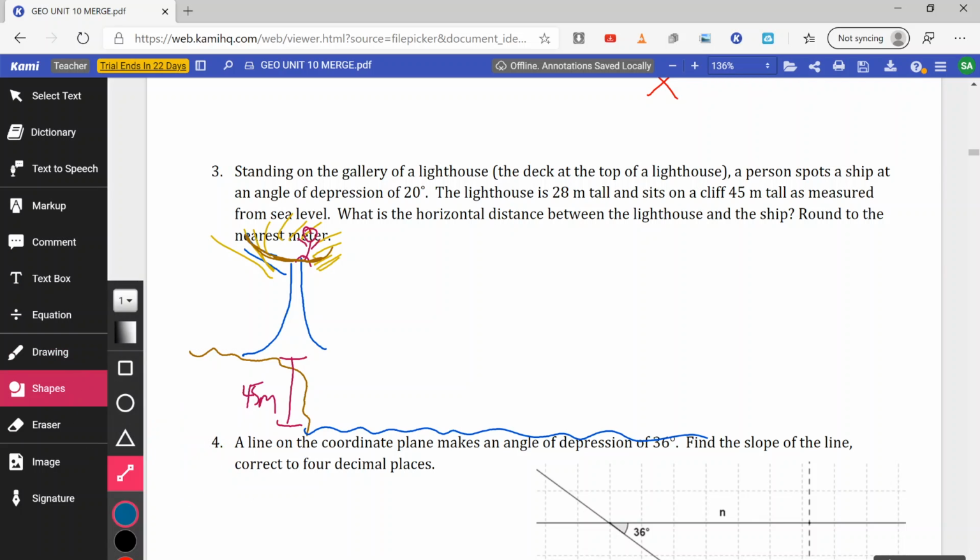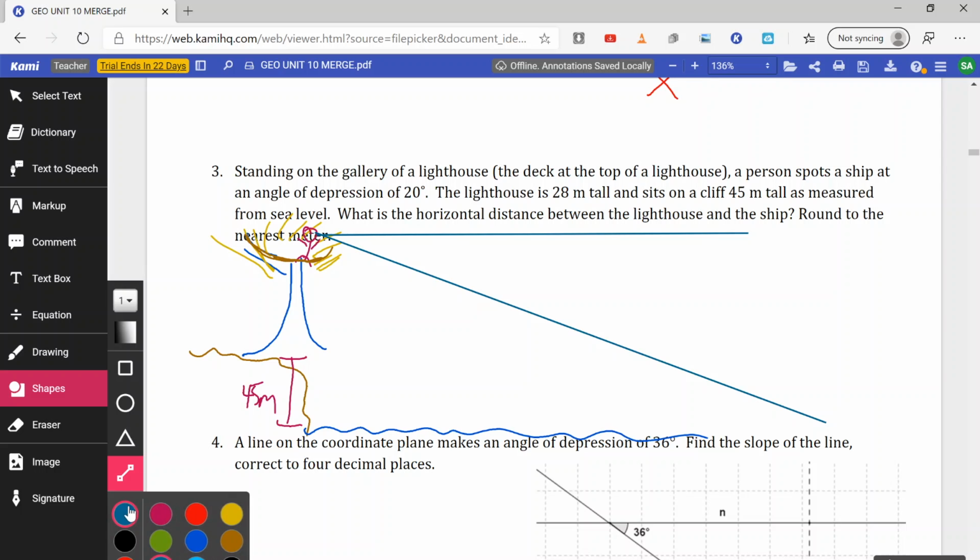Now, we are told that we have an angle of depression. So this means if this person is looking out horizontally, the angle he's looking down at is 20 degrees. So 20 degrees all the way down. So angle of depression there is 20 degrees.